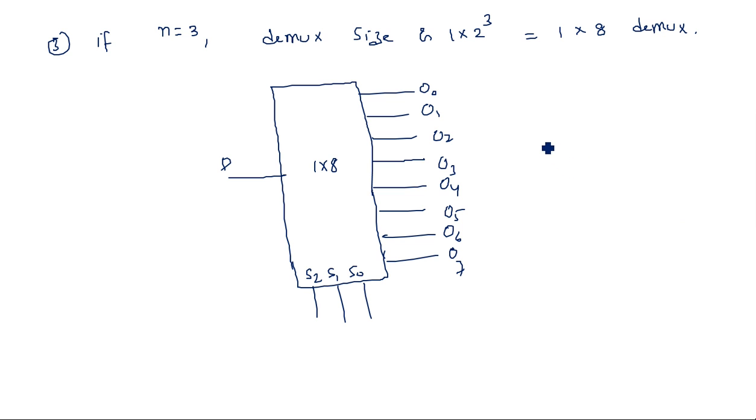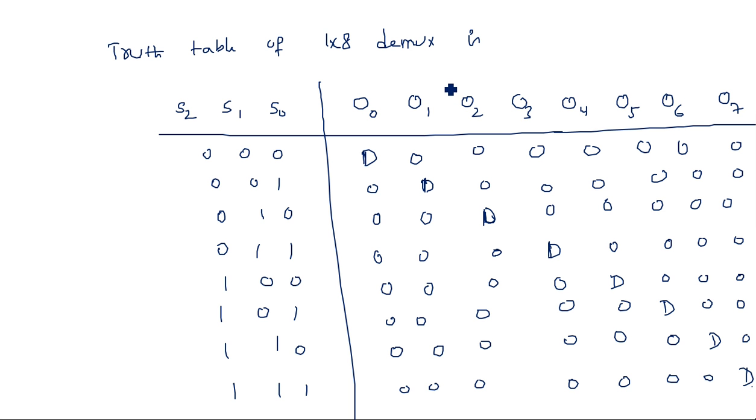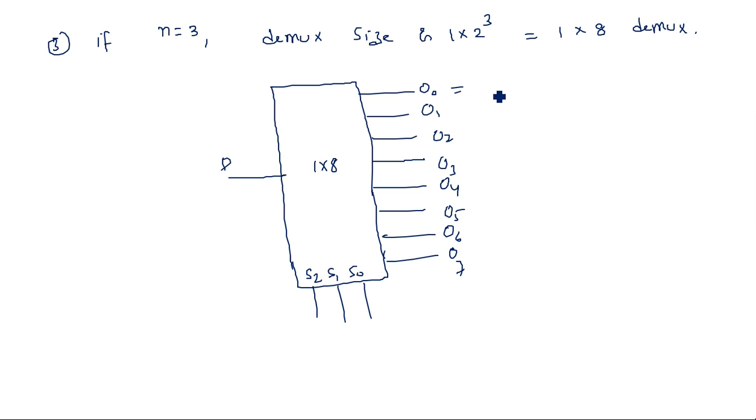In a similar way you can also write the expression for the 1 by 8 demultiplexer. See here, you can write it as D with S2, S1, S0 all in complemented forms, D into S2 bar S1 bar S0 bar. Like that you can derive these output equations.